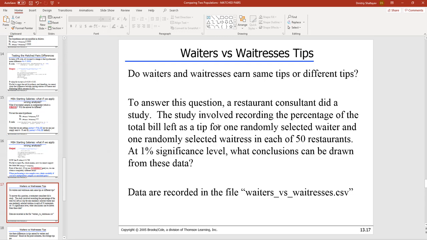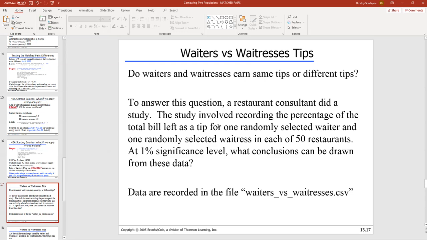And I don't want how upscale the restaurant is to become a factor. So I'm going to look at the one waiter and one waitress from the same restaurant. So is it a classy or not so classy restaurant? Doesn't matter, right? I'm looking at the same place.